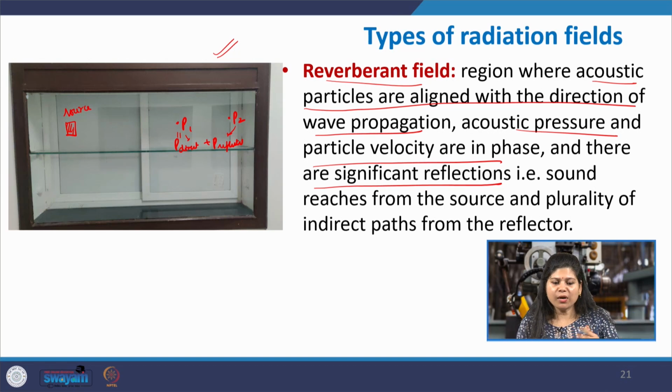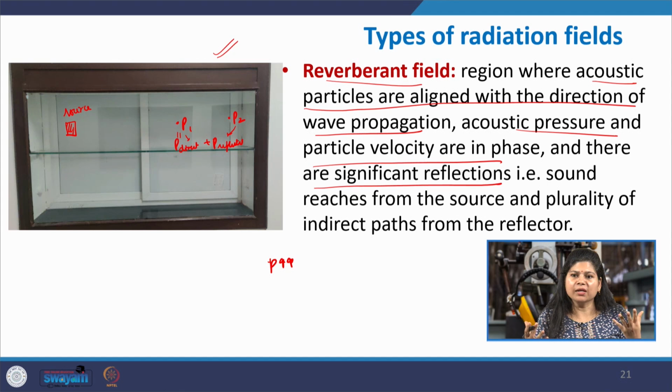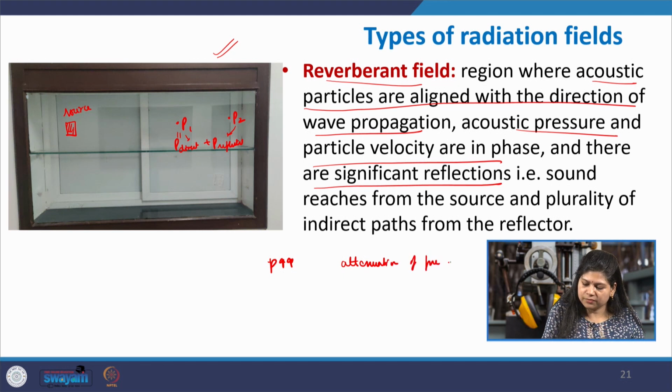So, essentially what a reverberant field does is it amplifies the pressure compared to what you would observe in a free field, okay? And the attenuation rate that is expected in the free field does not hold true for a reverberant field.